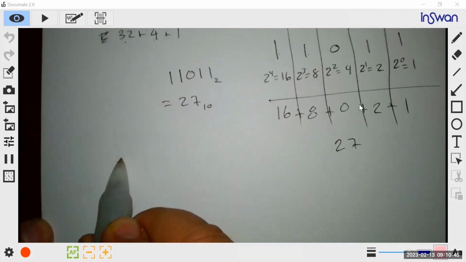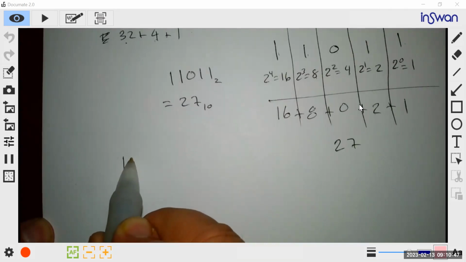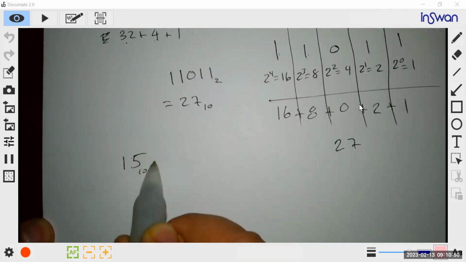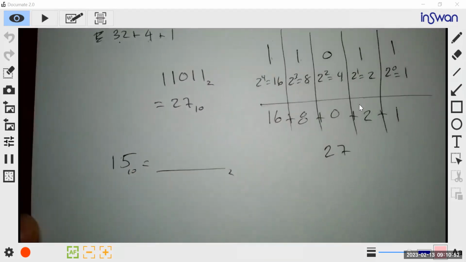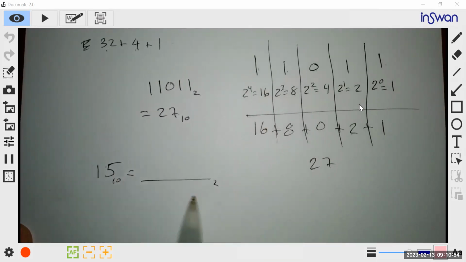The same logic. How would I write 15 into binary?